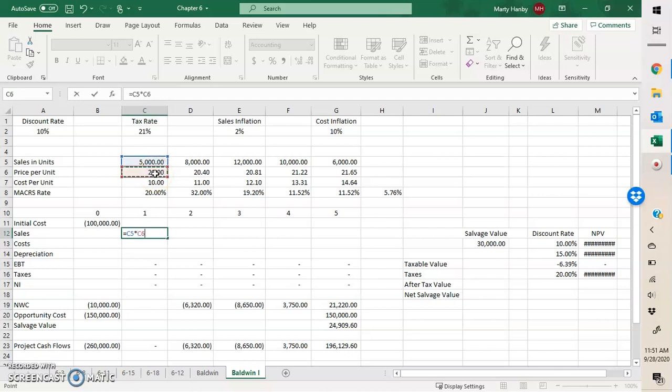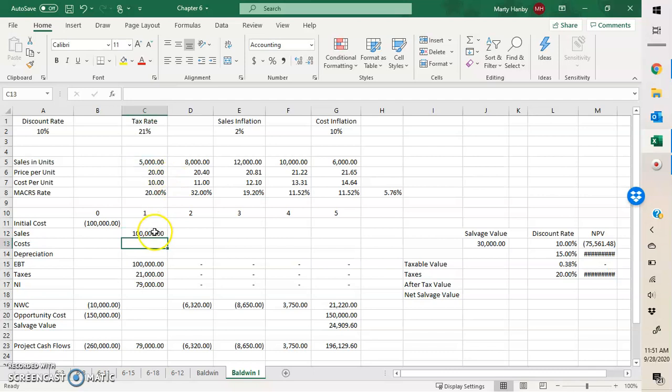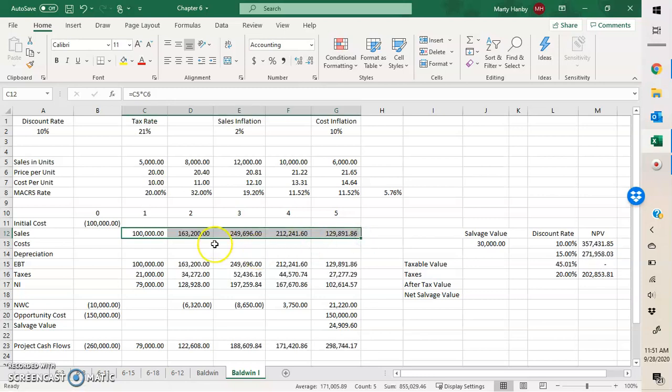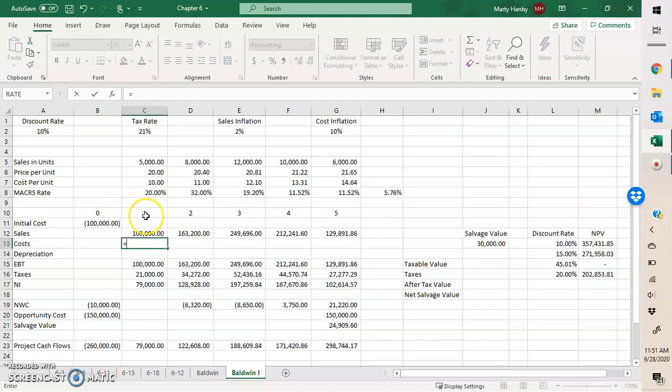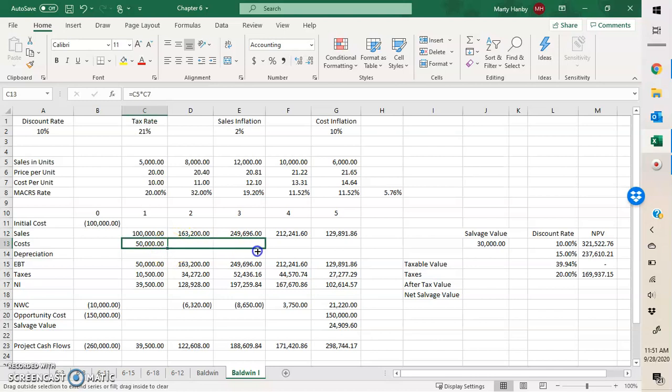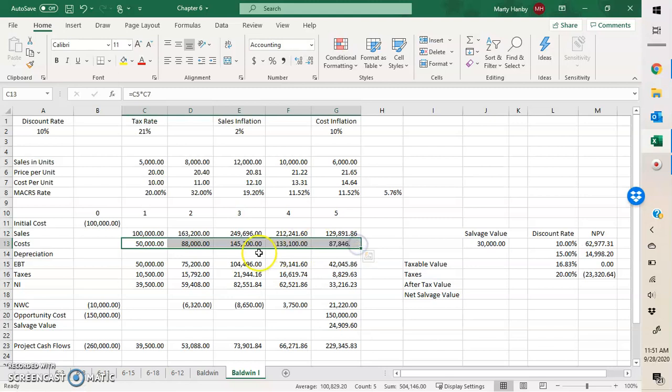So $100,000 in sales. I can highlight that cell and use the little cross to drag it across. So there's my sales. My costs are simply the units times the cost per unit. So hit enter. Now it's $50,000 in costs for the first year. I drag that across and I get the cost for the entire project.